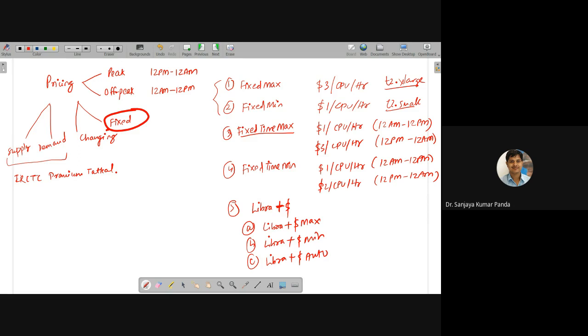If you look into these pricing schemes, they consider 2 different factors. In fact, Libra plus dollar takes 2 different factors. One factor is called alpha, another factor is called beta.